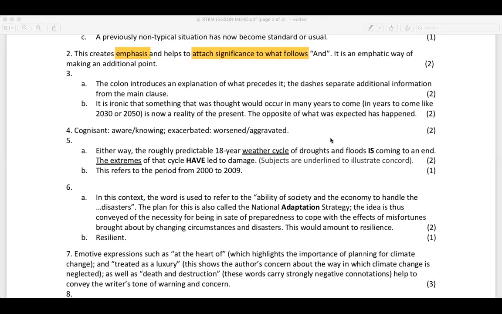Let's go here. Provide synonyms for cognizant in paragraph 10, and exacerbated in paragraph 12. What is to exacerbate?